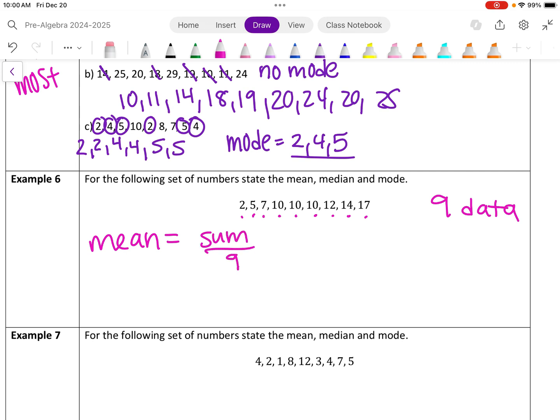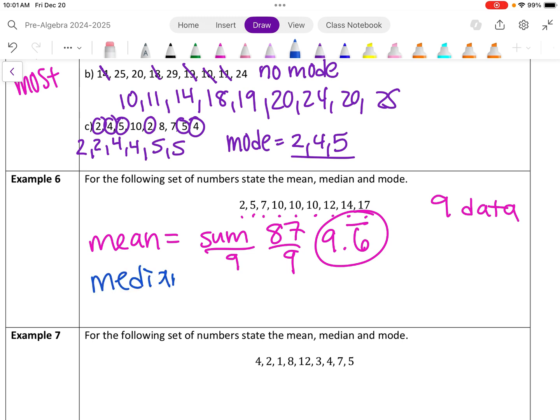So go ahead and take a calculator out somewhere or get a calculator in my classroom and add those together. Okay, I got 87. 87 divided by 9 is 9.6 repeating. So that is our average, that is our mean.